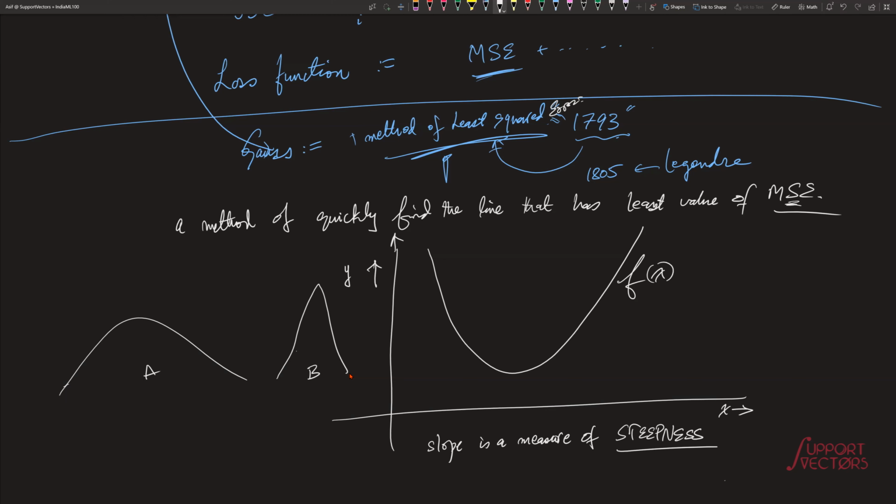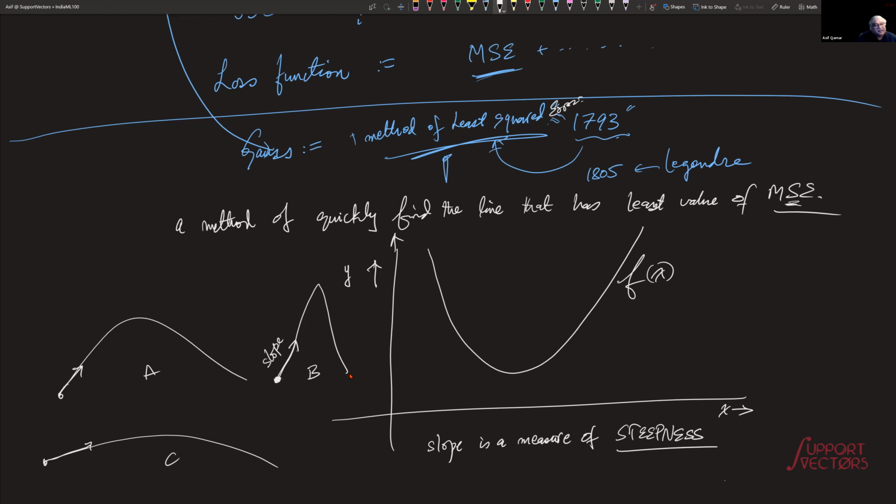So suppose you are here, it is far more steep to climb B. So you would say that the slope of B is greater than the slope, let's say, here, at this point. This is much more gentle, or even if you take it even more gentle, C, you would agree that if you're climbing this hill, then even perhaps old people like me can climb that hill. But B is meant for young people, isn't it?